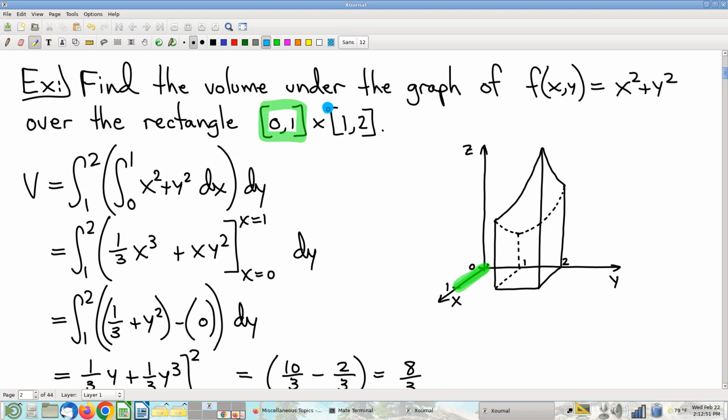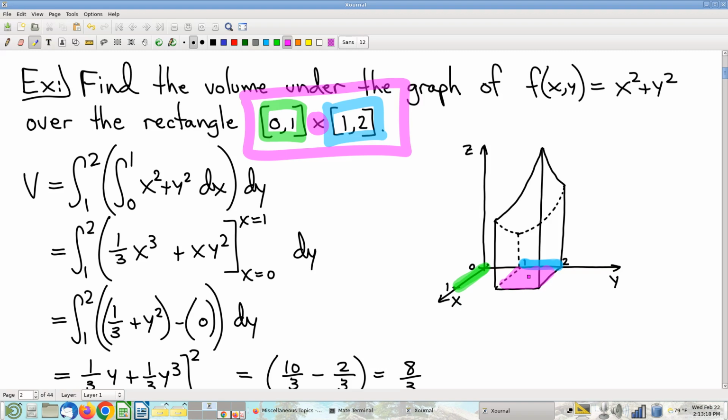Whatever interval is on the right tells you the range of values of the second variable, in this case y. Then saying times is just code for we want to talk about the rectangle in the xy plane where x ranges over these values and y ranges over those values, and that gives us this picture right here.